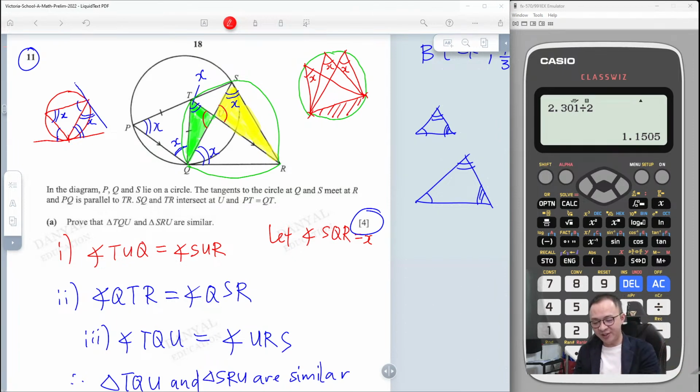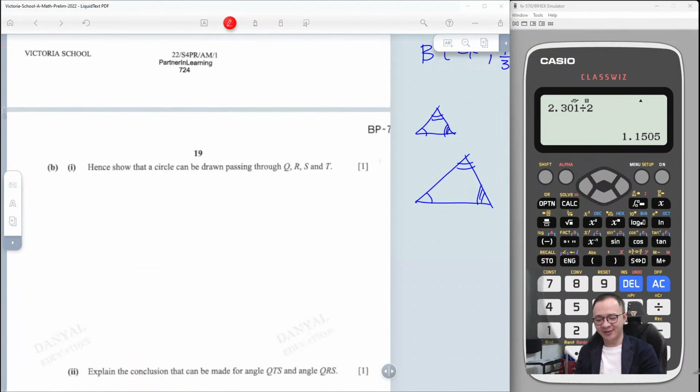So, if you see carefully here, I have a segment here, isn't it? So, you can say the angle of QTR and the angle of QSR are equal because both of them share the same segment of QR or the same arc length of QR. So therefore, a circle can be drawn.